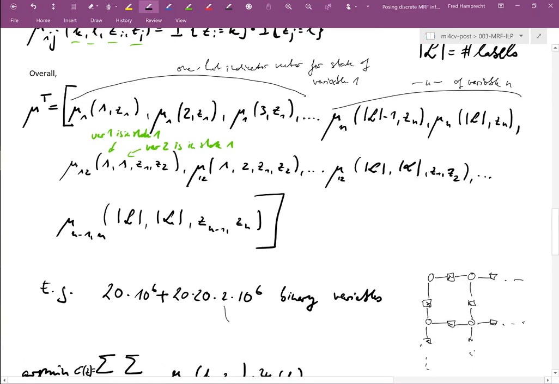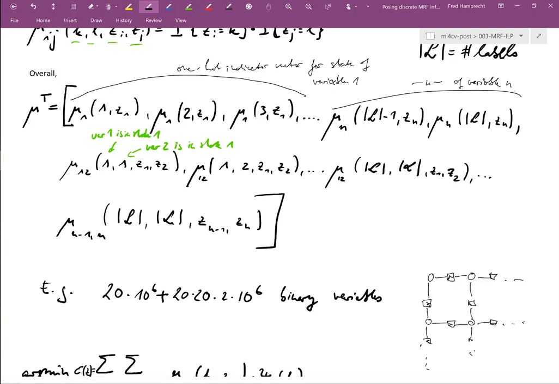So this is where I get the factor 2 from, because I have one neighbor to the right and one neighbor to the bottom. The factor 20 times 20 comes because one pixel could be 1 out of 20 classes and the next pixel could be 1 out of 20 classes. And 10 to the 6 comes simply because I claim that I have 1,000,000 pixels in my image.